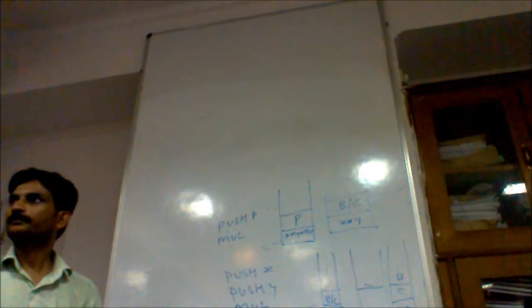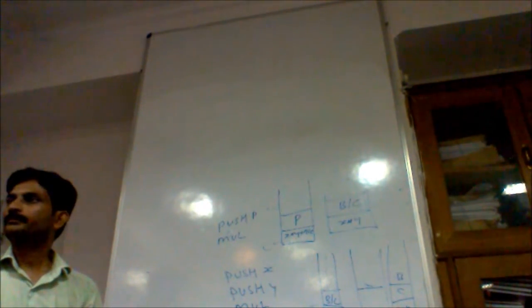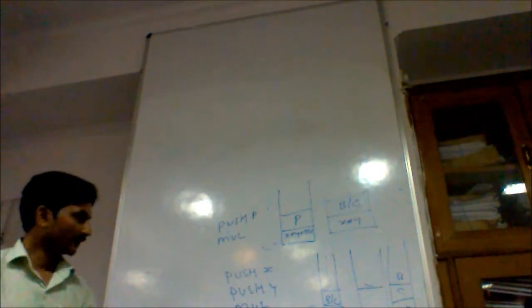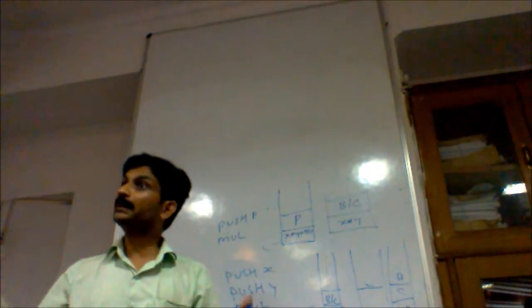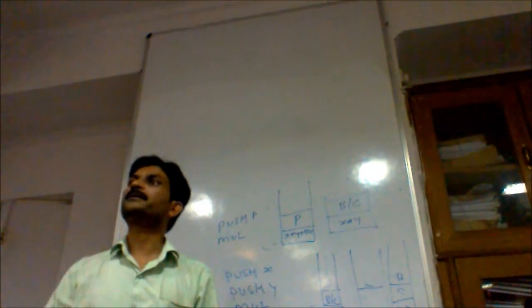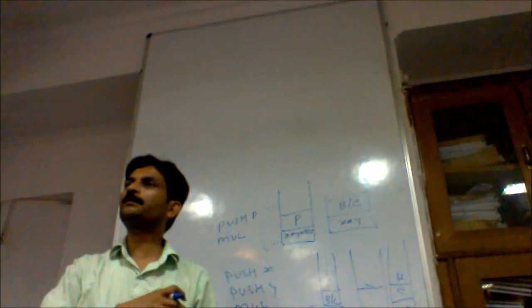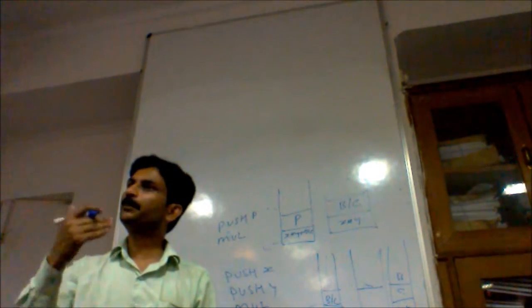Sir, if division comes at the end instead of multiplication, what will happen? Meaning the expression gets reversed, so division will come. In the case of multiplication, x multiply y or y multiply x, okay. But in the case of division, there will be a difference. In the program, try to use the proper sequence.